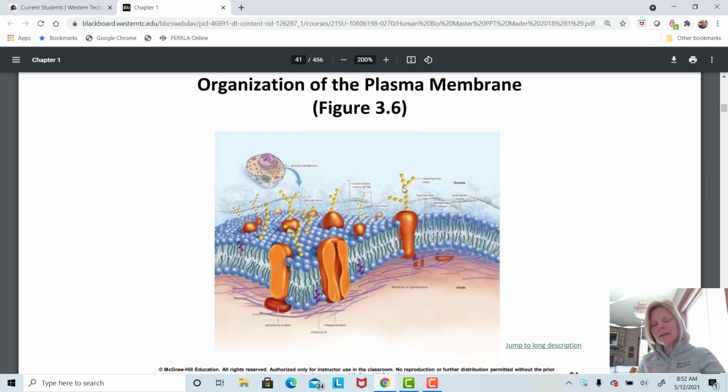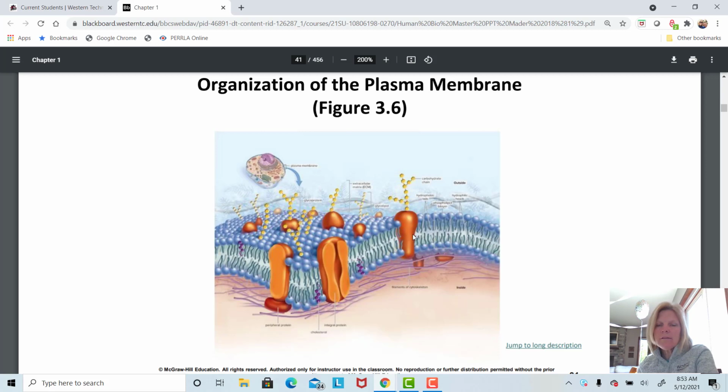Just like your face identifies you as who you are, the pattern of carbohydrates across the outer surface of our cells helps other cells recognize one another. So this is called a glycoprotein because it's a sugar attached to a protein. And if that sugar is attached directly to a phospholipid, we call it a glycolipid. So this carbohydrate attached just to a lipid molecule, this phospholipid, that would be a glycolipid.